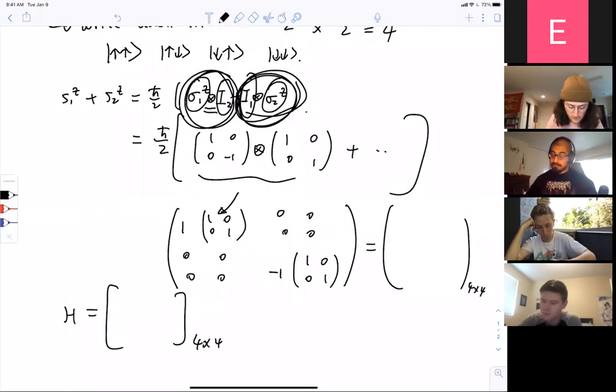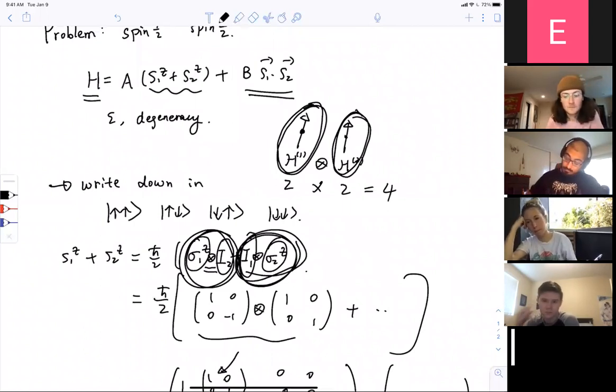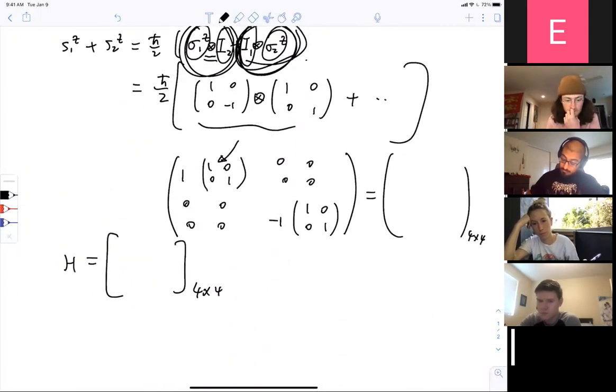This only applies when the Hilbert space is very small. Here it is 4 dimensions, which is okay. But if it's 8 or 16, whatever, then generally we won't do it this way.